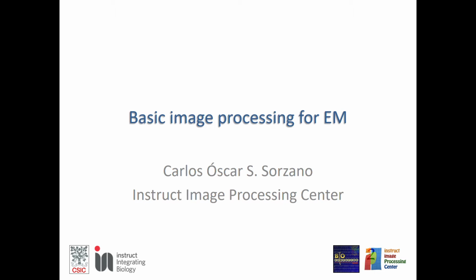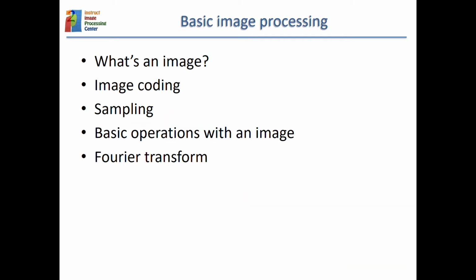Okay, so let us start with the first lecture of this part of the theory that is about basic image processing tools for cryo-electron microscopy. In this lecture we will see very basic operations that we can perform on an image.